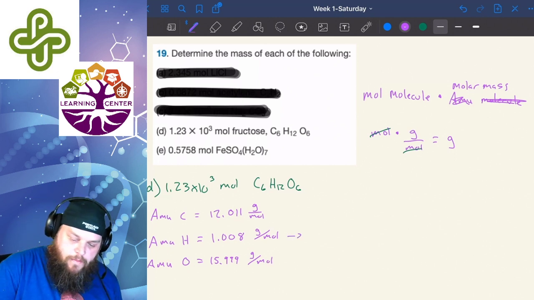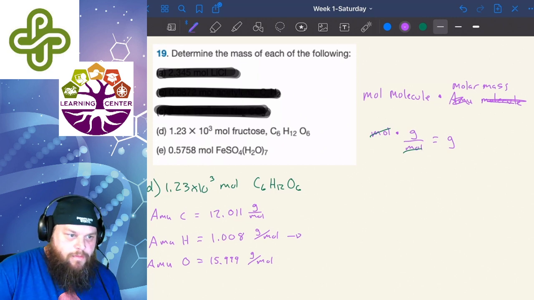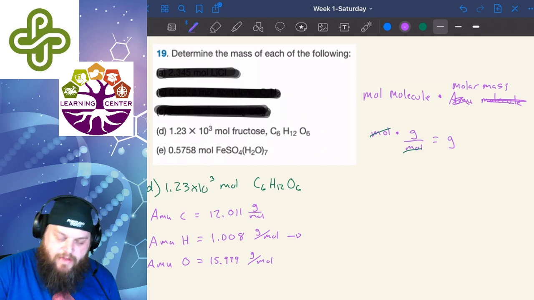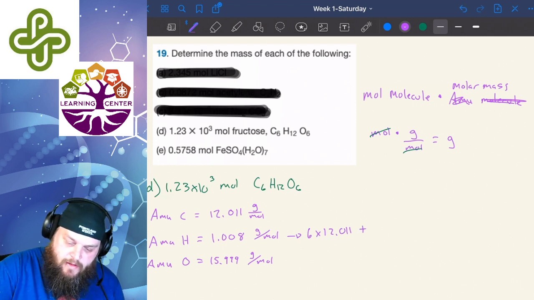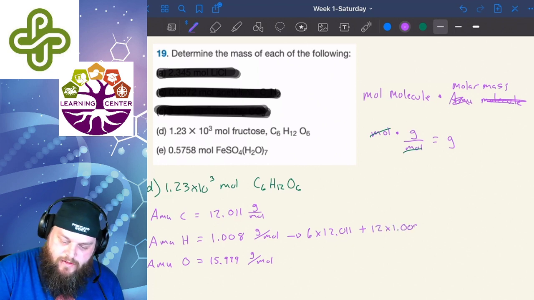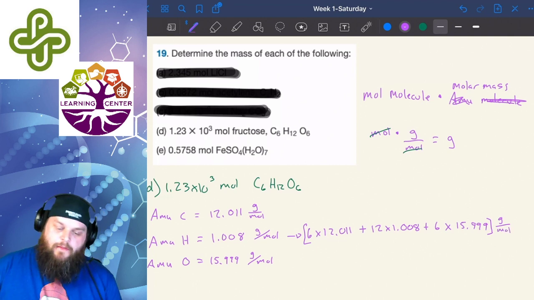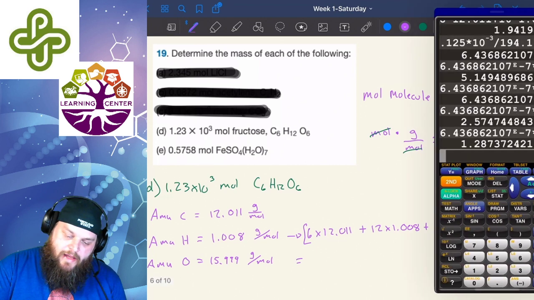So the molar mass of the molecule would then be, using the ratios in the formula, 6 times 12.011 plus 12 times 1.008 plus 6 times 15.999, in grams per mole, and then we can add all of those up.